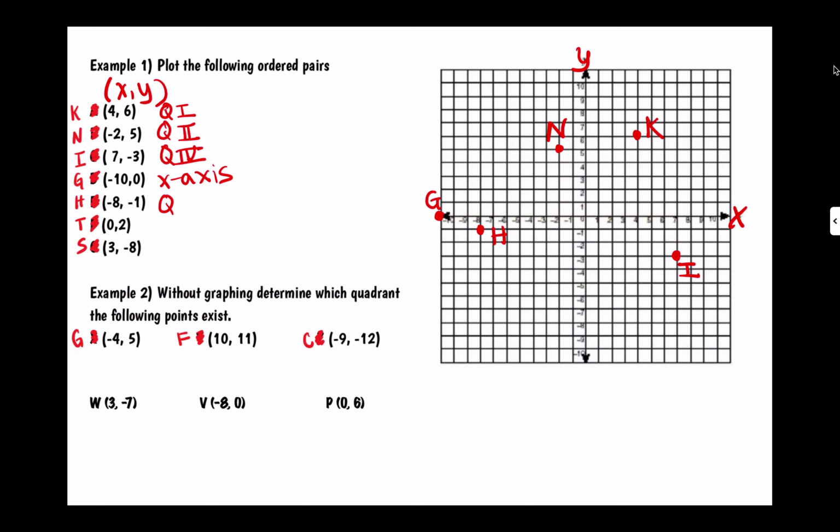That is in our quadrant 3. T is at 0, 2. So we don't move left to right, but we go up 2. So that's on the y-axis. And S is at 3, negative 8. So go right 3, down 8. So that's in quadrant 4.